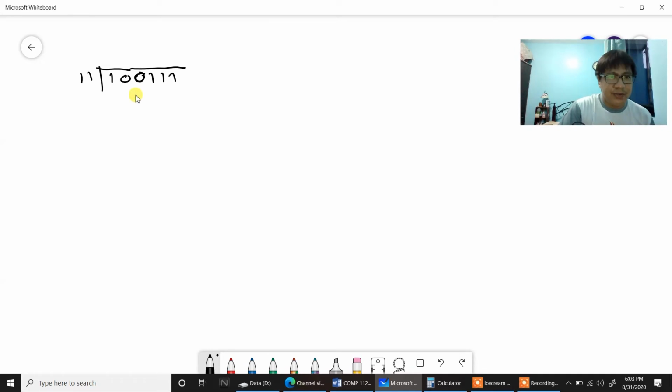So first is we try to come up with the less than greater than technique. So what you're gonna do, if you try to observe, you have here 1, 1, so 1, 1 and 1 here. Okay, so 1, 1 is greater than 1 because if you try to convert 1, 1 to decimal, this 1, 1 is 3 and 1 is 1, so that means 3 is greater than 1, so therefore this will become 0.